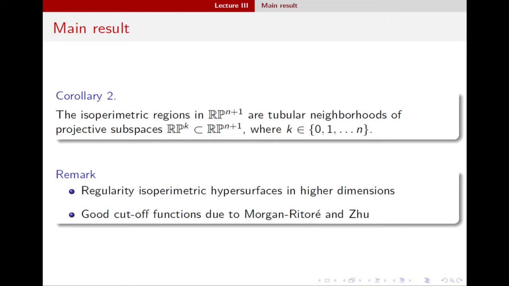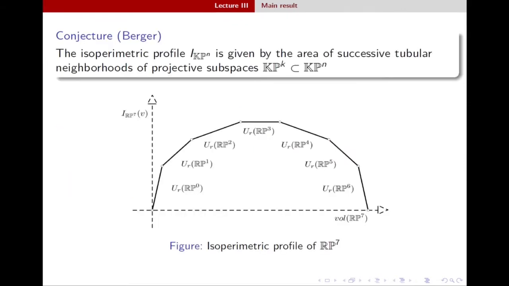One question you might have at this point is whether all tubular neighborhoods of RPk are isoperimetric for some volume. We know that for k equals 0 that's the case. In order to answer this question, let me plot here the graph of the isoperimetric profile of RP7.